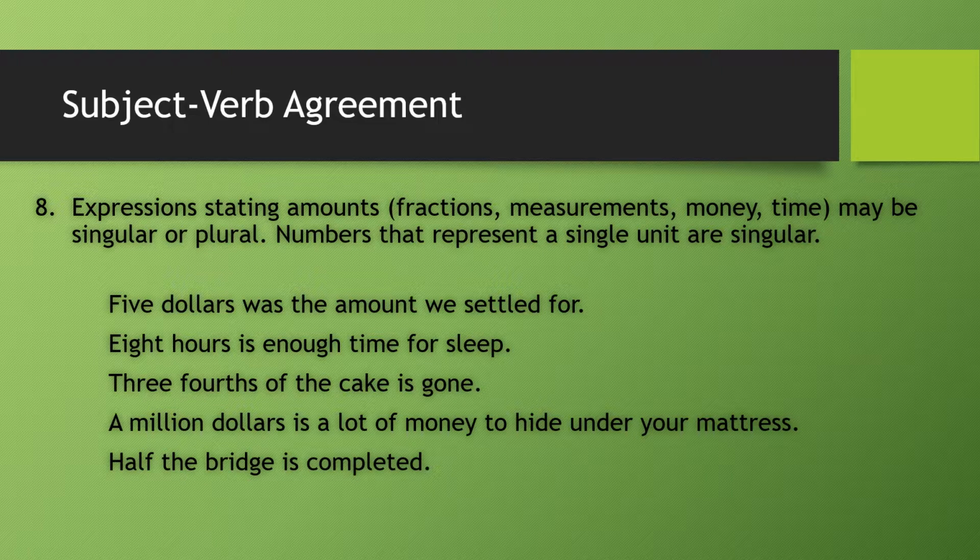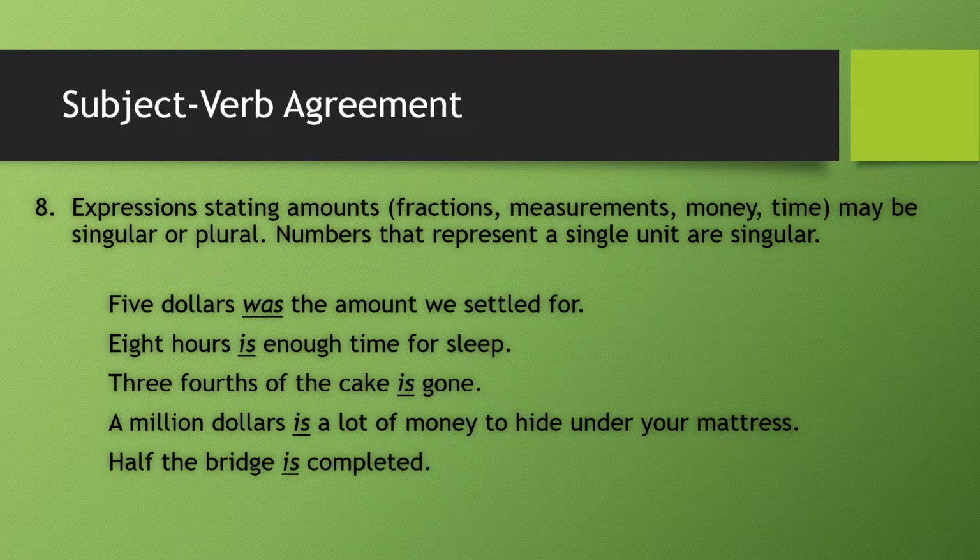Now in each of these we have different amounts. $5, 8 hours, 3/4, $1 million, and half. So these numbers represent a single unit. $5 is not considered 5 individual dollars, but $5 is the singular amount. So we have $5 was.